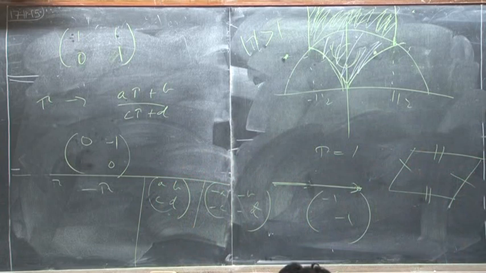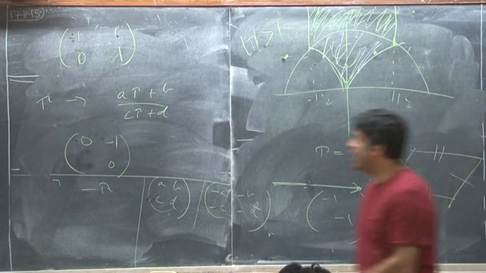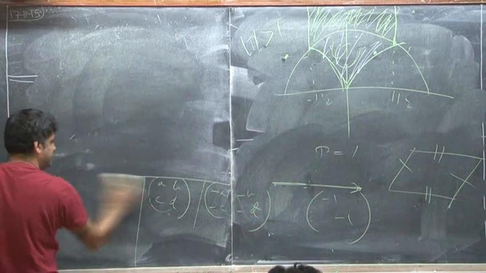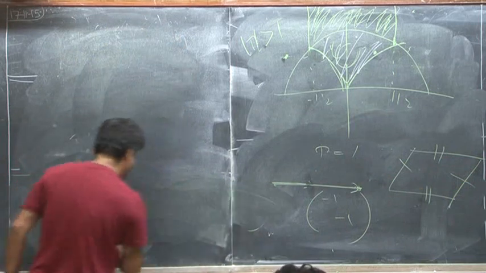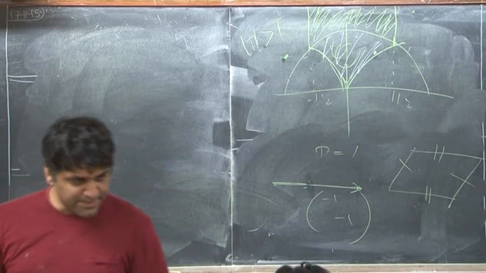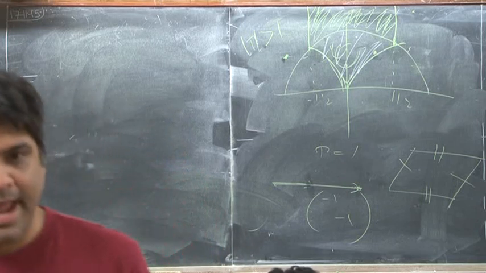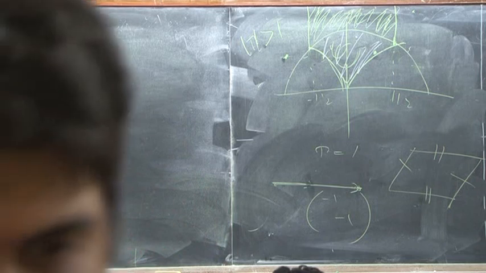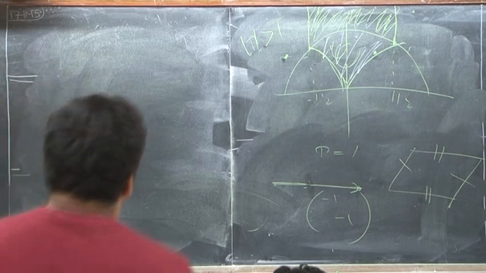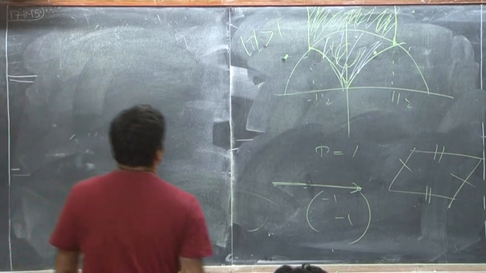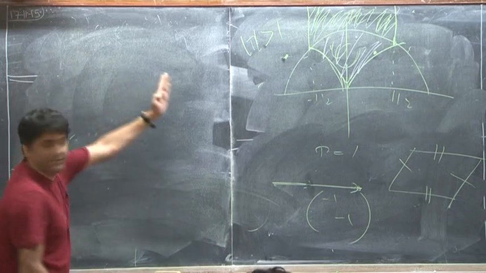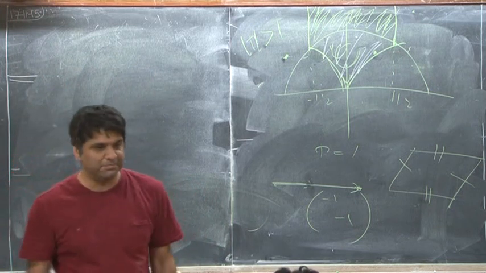Okay. Now that we understand the space of tori really well, what we're going to do is try to evaluate this for the string particle.